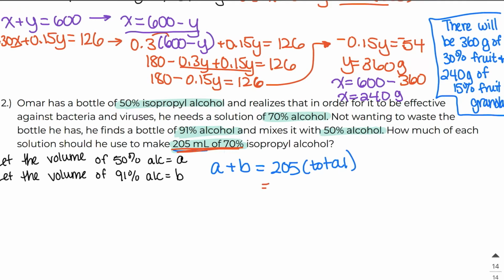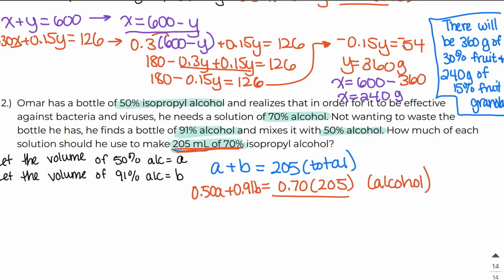So that means that we want this total to be 70% of 205, because this equation right here is just for the amount of alcohol, okay? And for mixture A, 50% of that is alcohol, and for mixture B, 91% of that is alcohol. And that all together will equal this 70% of 205.